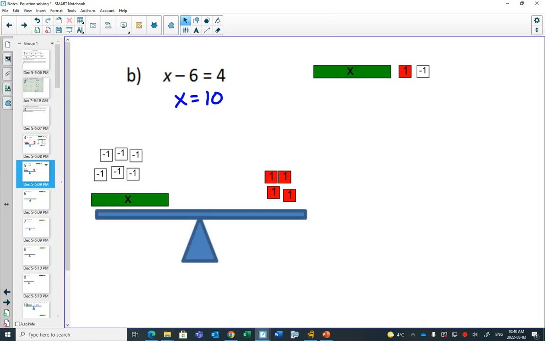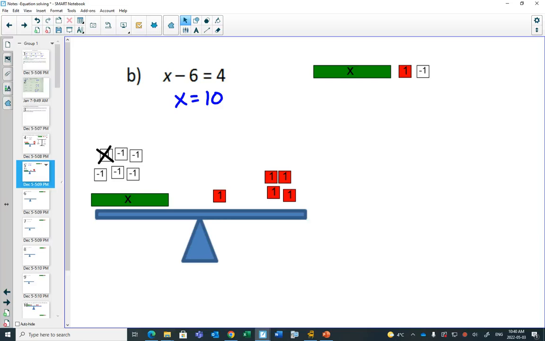So again, do you think you'll be drawing teeter-totters with algetiles to solve all these? No. But it's the idea. How would I get rid of a negative 1? I'd have to add 1 to this side. So if I want to get rid of this minus 1, I would have to add a 1 to that side.